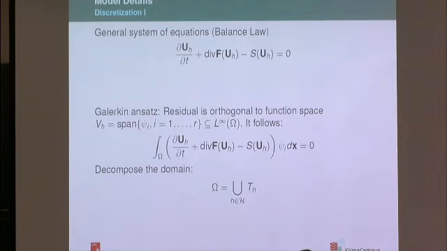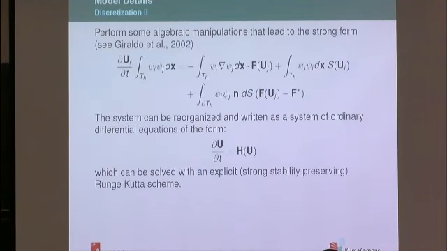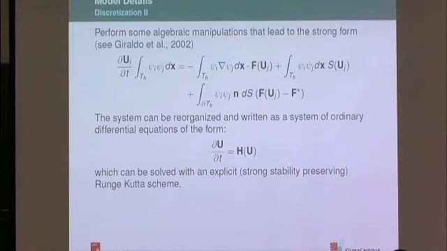And then what comes out is exactly that formulation, which just is the statement that I wrote down here in formula. And if we then decompose the domain and then we do something that you might have seen in a paper by Giraldo and others from 2002, they do basically partial integration of the flux tensor twice, and then they get something that looks like that. That's the strong form of the partial differential equations.